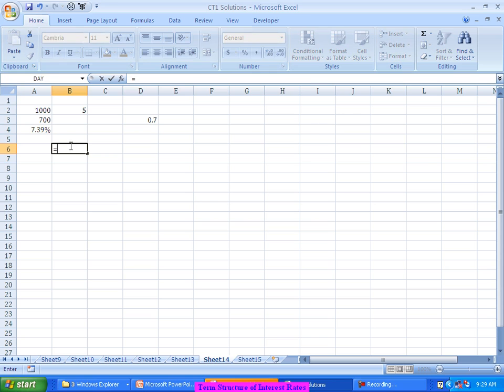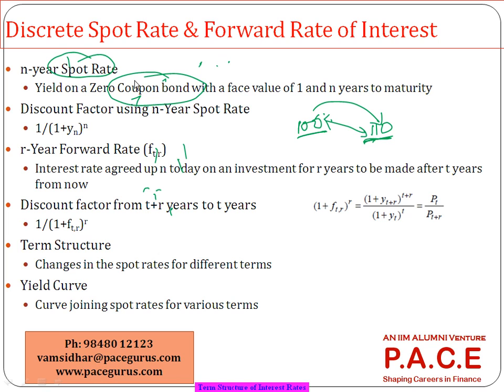And the other way of determining that discount factor is, if we know the 5-year spot rate, what you can do is this to the power 5. If you do this, it is anyhow coming out to 1 by 1.42. You do a 1 by of this, you will simply get the same 0.7 itself. So that is where we are talking about this formula.